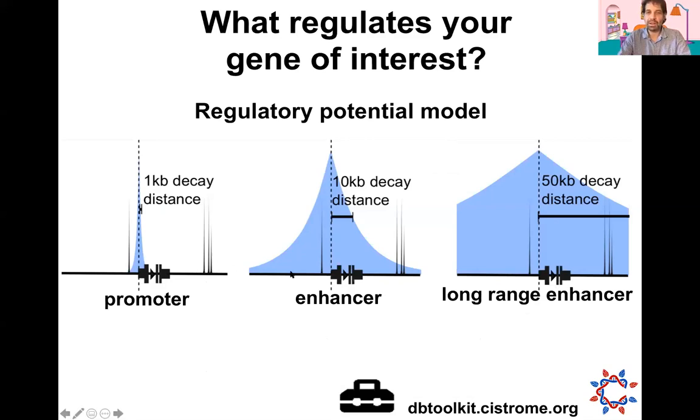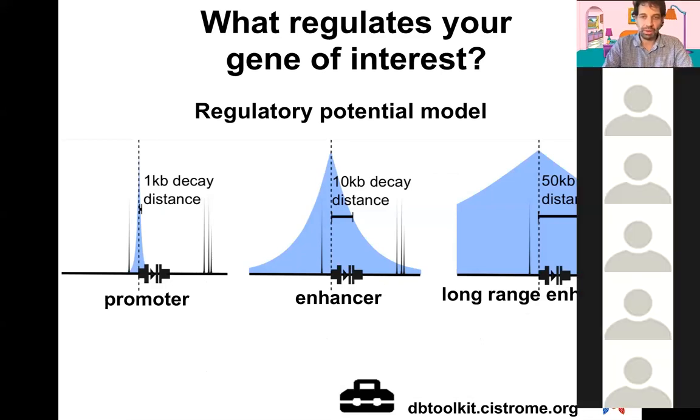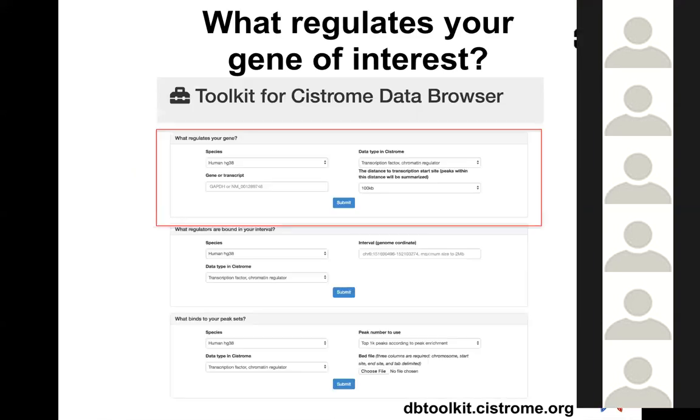But there are genes which are in regions which are more highly bound than others, so we normalize the data by the median value over all of these different transcription factors. That's how we rank the likely regulators.